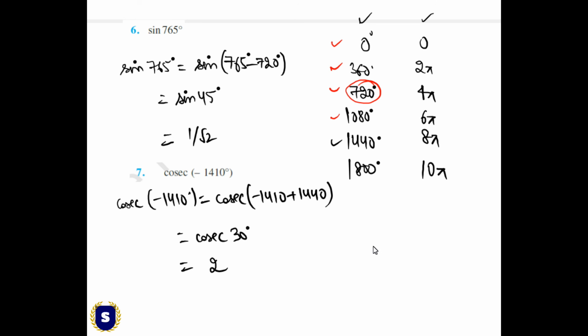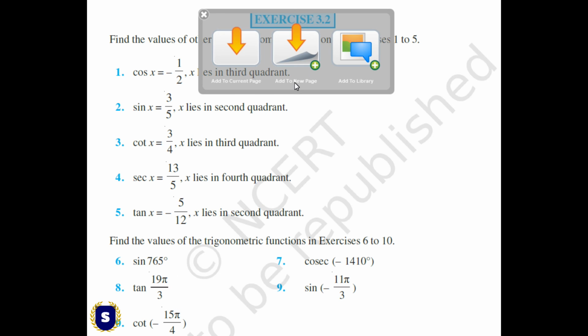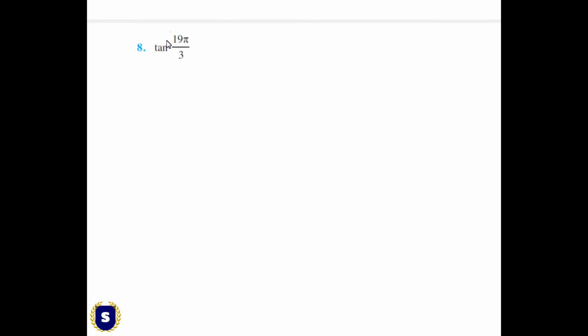Let us do the next question. Question number 8. Now this is in radians, so I'll use the values from radians. It is 19 pi by 3. So I can subtract 6 pi from this to get the desired result.